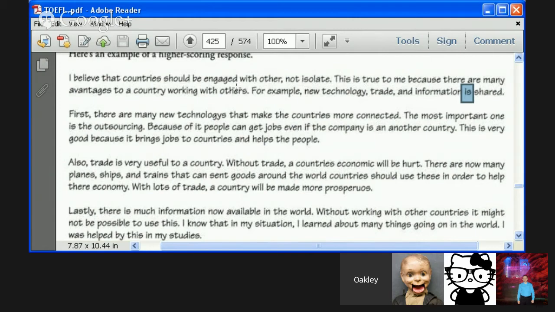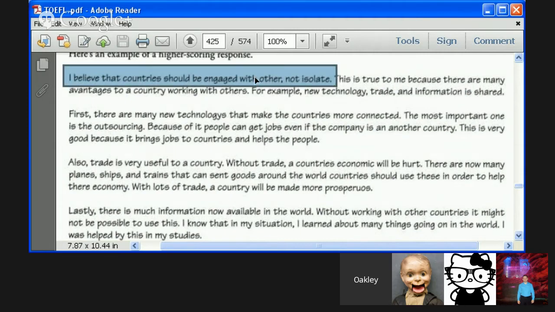All right, and also I think there is a preferable structure or order. I would highly recommend actually putting your opinion as the last sentence of the first paragraph in an opinion essay. I highly recommend that. Okay, let's move on.